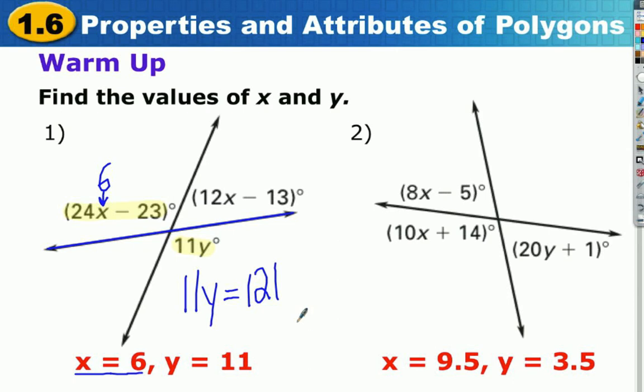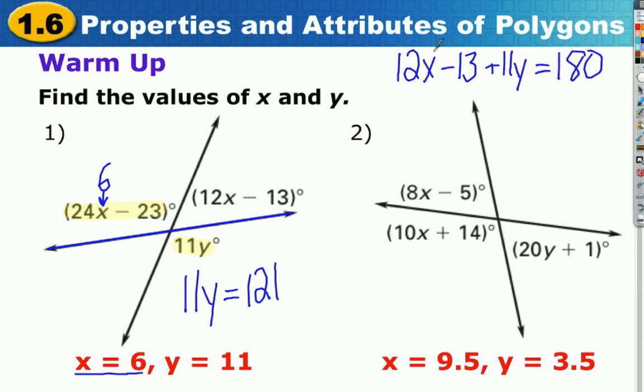Comments, questions, concerns? Anyone do it differently and have success? Alyssa? I did 12x minus 13 plus 11y equals 180. Okay, but then you end up with two variables. 12x minus 13 plus 11y equals 180.